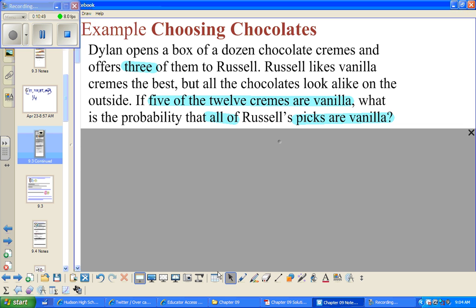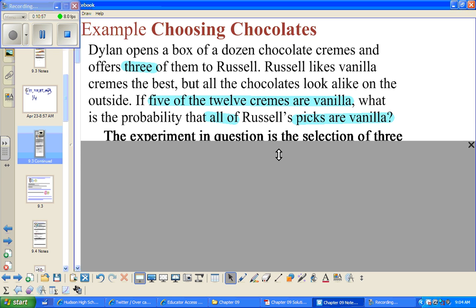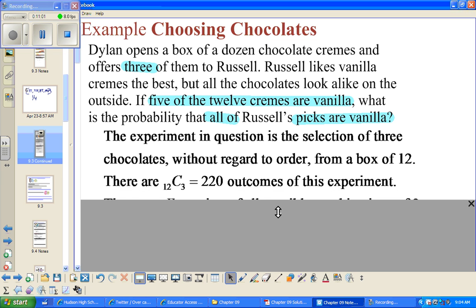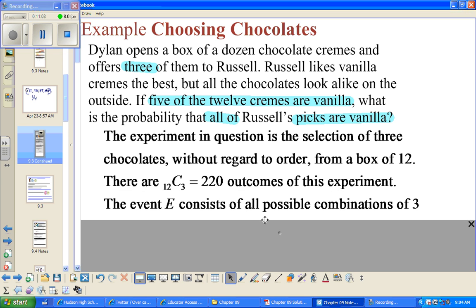So to determine this, first we have to determine how many ways he could pick 3 chocolates out of the box. Well, you know how to do that from section 1. If there are 12 different chocolates to choose from, he can pick any 3 of them, and it wouldn't matter what order he picked them in.